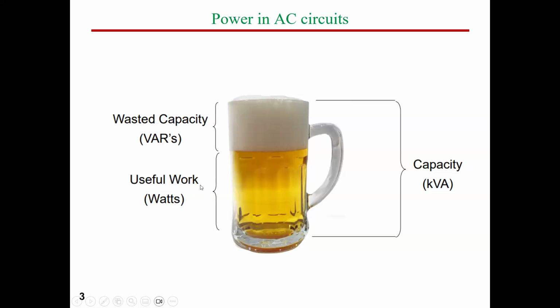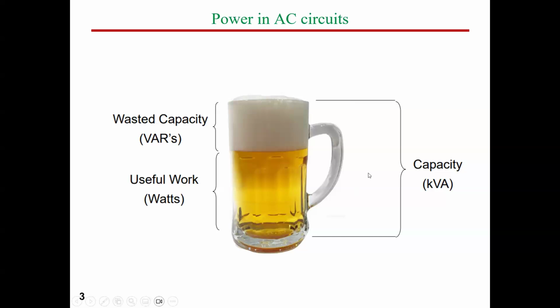In power, you know that useful work is measured in watts. And you know the upper part is nothing but wasted capacity, which means we don't use it, or it's not useful for the guy who will drink this cup. But by the end, it has to be in the cup because it already has part of the overall capacity of the cup. So this is a simplified example for the active and reactive power.